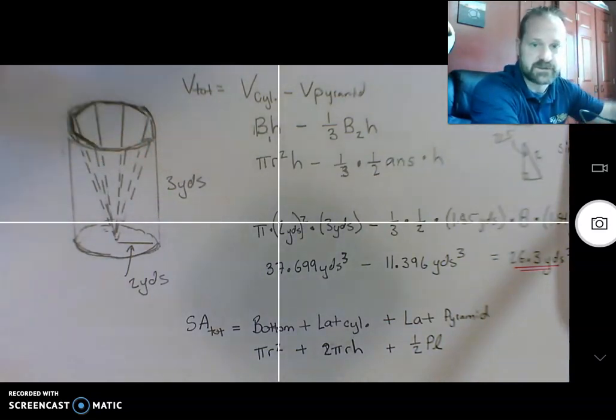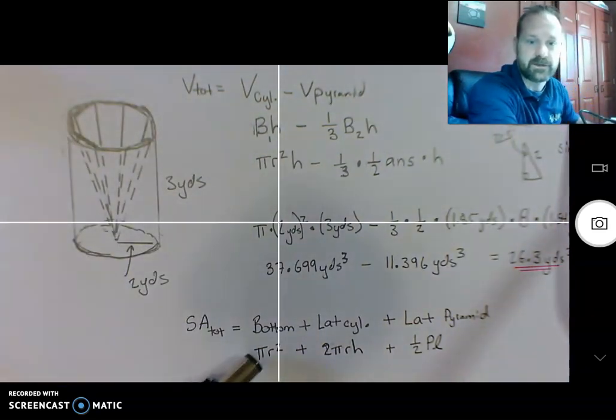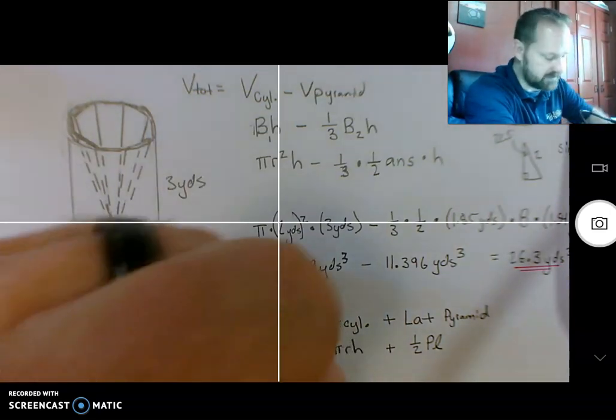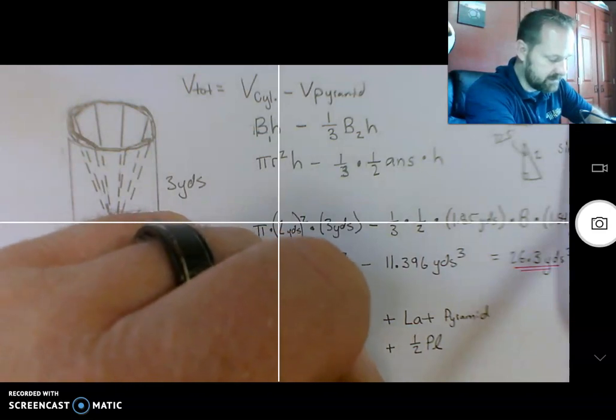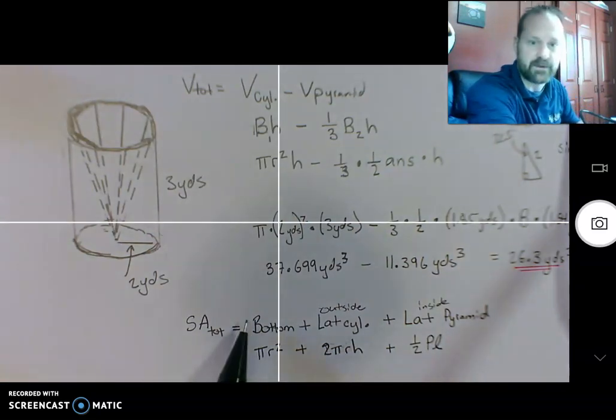That's the lateral surface area of the pyramid. So I've got the bottom, which is the circle, the lateral of the cylinder, the outside. I could even write outside here, and I can write inside. This is how you want to think: bottom, outside, inside. This really helps break them down into parts.